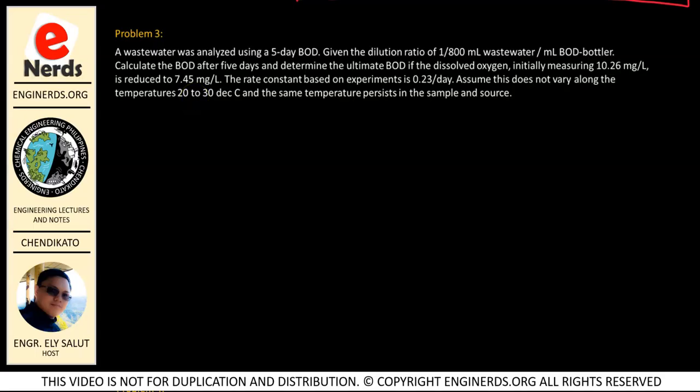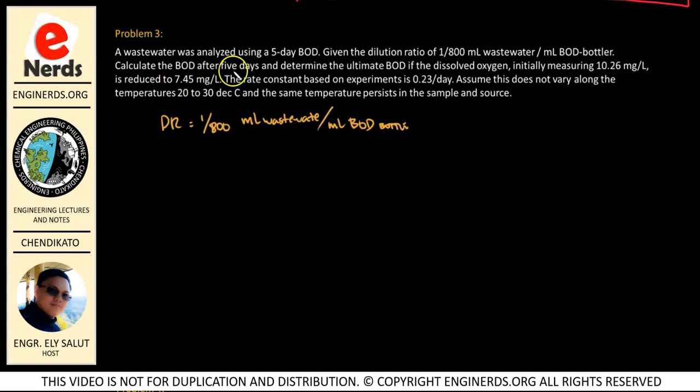So, we have our dilution ratio, which is equal to 1/800 milliliter of wastewater per milliliter of BOD bottle. Okay? So, yan ang ating dilution ratio.